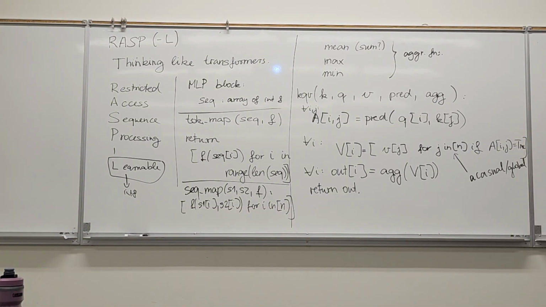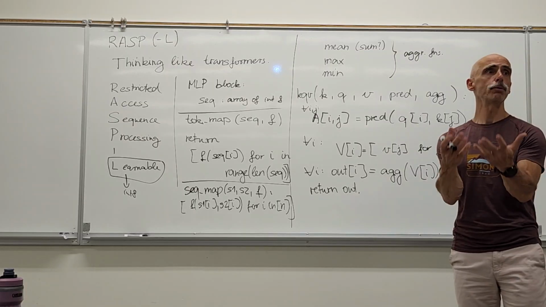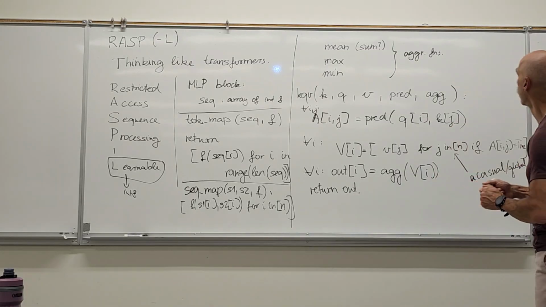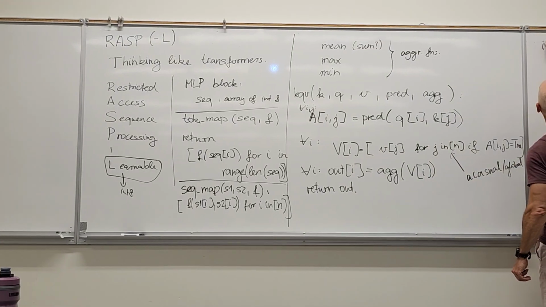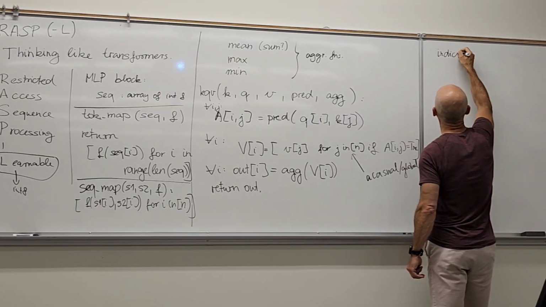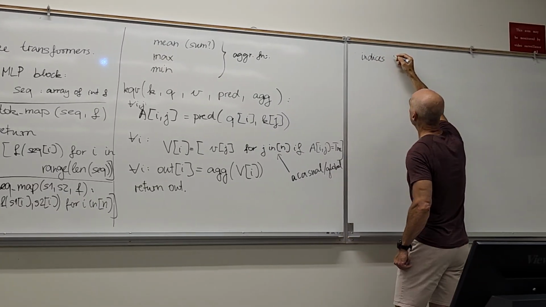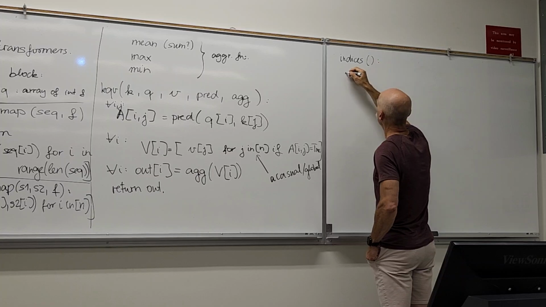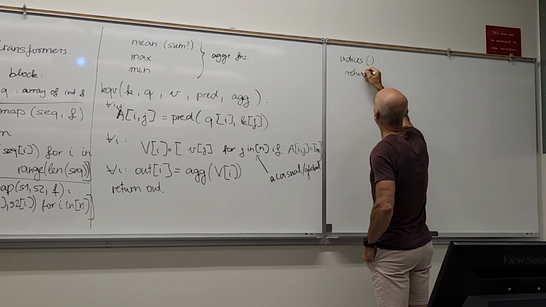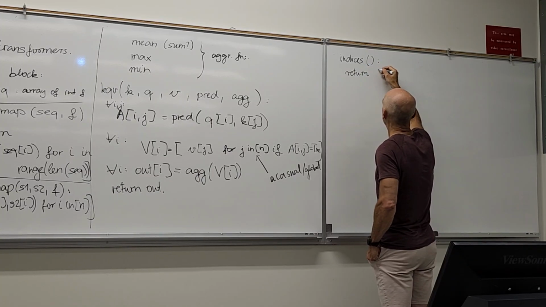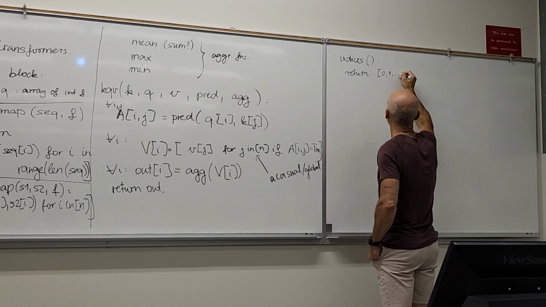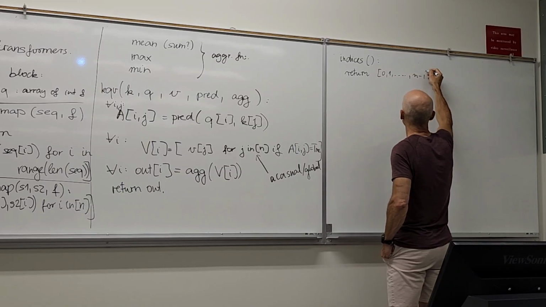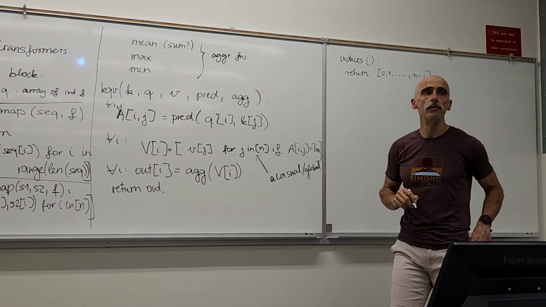Oh, there is one more function I forgot. We have position encoding. So we have an indices function. That just returns the numbers from 0 to n minus 1 as an array.